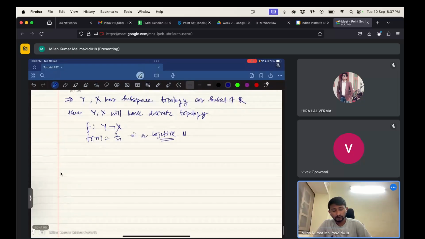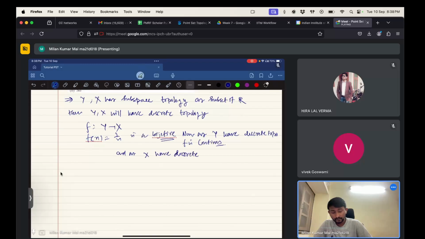Now, as Y has the discrete topology, f is continuous, and as X has the discrete topology, f inverse is also continuous.